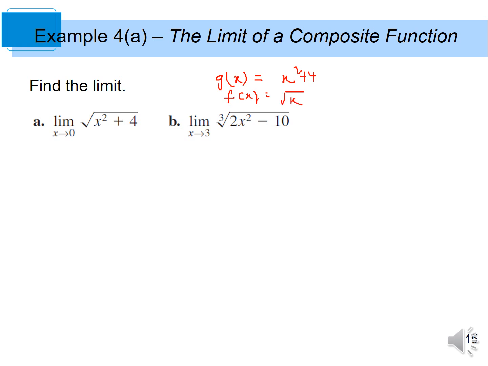So the composite function f(g(x)) is radical x squared plus 4. That is why we can say that radical x squared plus 4 is a composite function. Look at the solution.